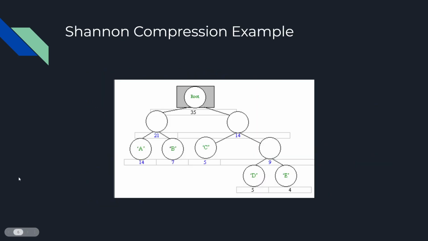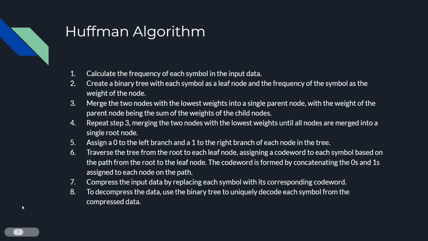Finally, talking about the Huffman algorithm. The Huffman algorithm is another common algorithm used for compression of string data. This also uses a binary tree, much like the last one, with no particular order of the symbols.